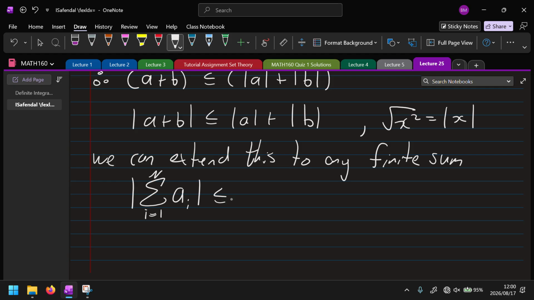This is less than or equal to the sum, i equals 1 to n, of the absolute value of a sub i. We proved it for 2 terms, but that's equivalent to proving it for any finite sum. I think this gives away what we're trying to do. Once we have the sum, we just take the limit of the sum, and that's the definite integral.